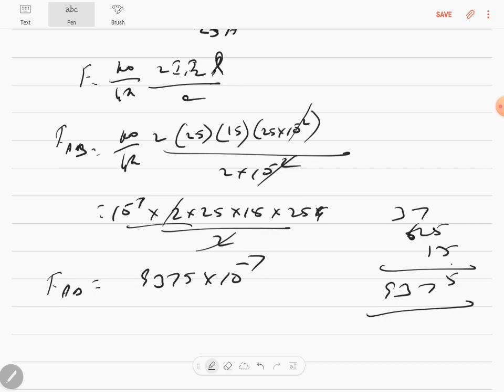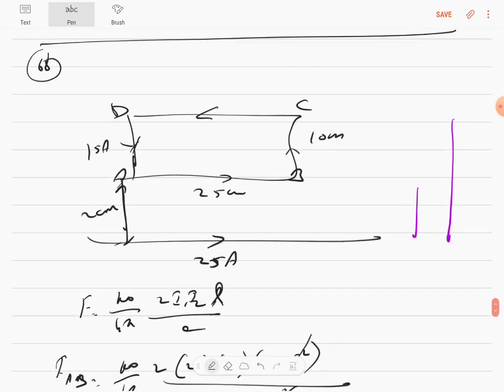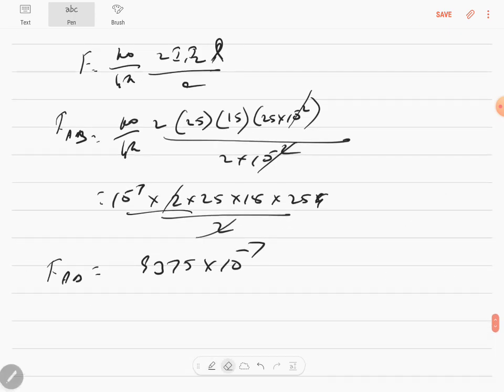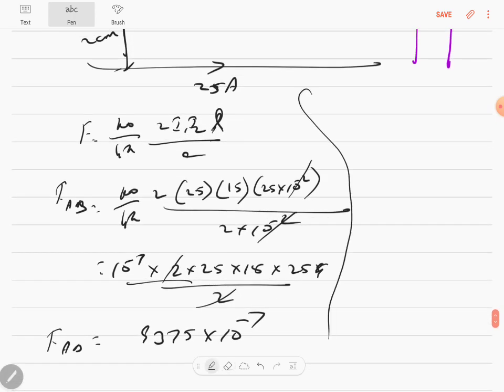Now let's do the force on CD. Force on CD will also be mu naught by 4 pi into 2 into I1 I2, which is the same, 25 into 15.